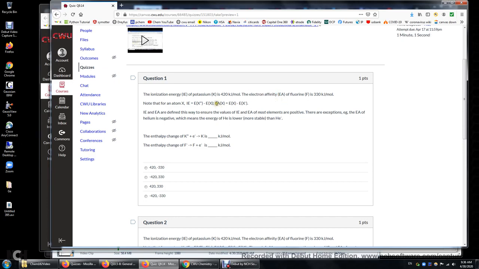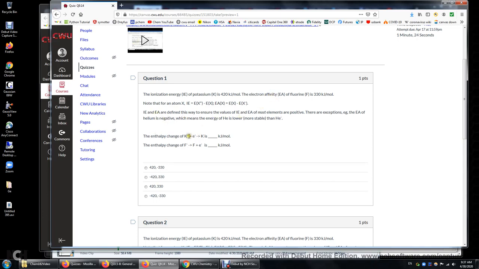That's why I give you this equation, the correct equation here. This is how electron affinity is defined. It's reversed in the book. I would encourage you to Google IUPAC and electron affinity to see the correct definition of electron affinity.